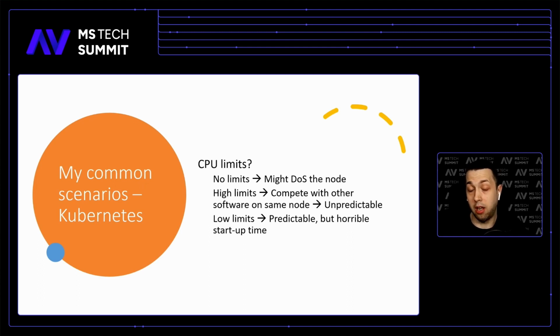If you don't set any limits, some people recommend that. However, you can kill your node by taking resources away from other processes. If you set the limits too high, you compete with other processes. And if you set very low limits, which is what I usually do, you get predictable behavior, but the startup time will just be horrible. Maybe you can deal with that, maybe not.